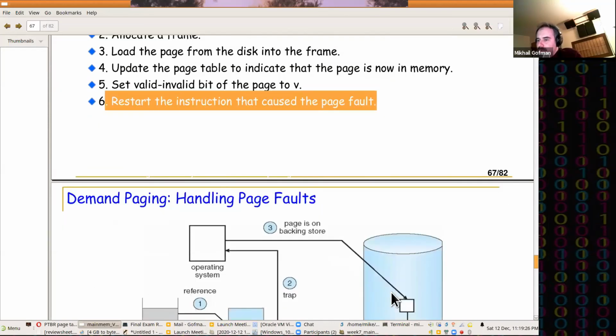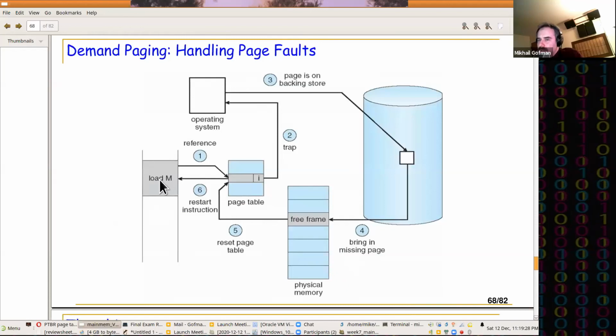A pictorial representation of this looks like this. A process executes an instruction that wants to access a particular page. A page table is consulted, and we find out that this virtual page in the page table has an I bit set. So what's going to happen is the operating system is going to be summoned, and a new physical frame will be allocated.